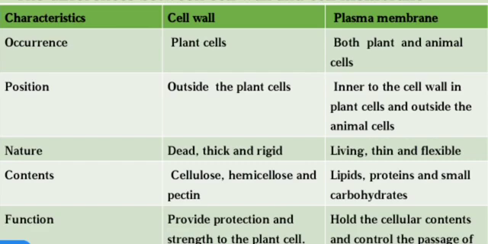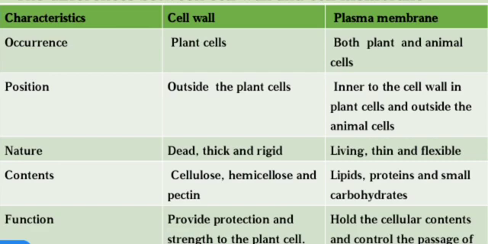The plasma membrane shows selective permeability, so it allows only the required materials into the cytoplasm. It is called a selectively permeable membrane.